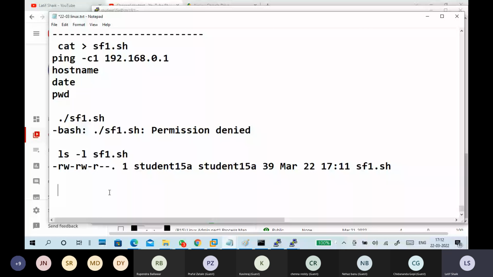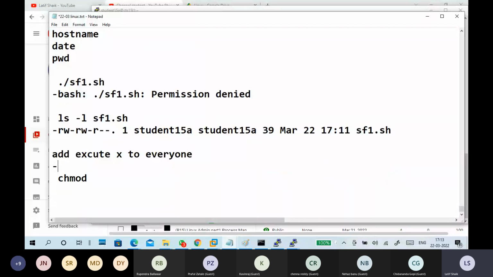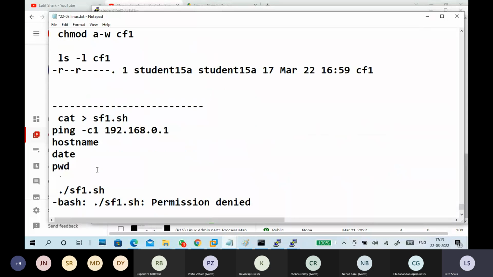I want to add x to everyone. The permission will show rwx, rwx, r-x. It is also placement, guys.